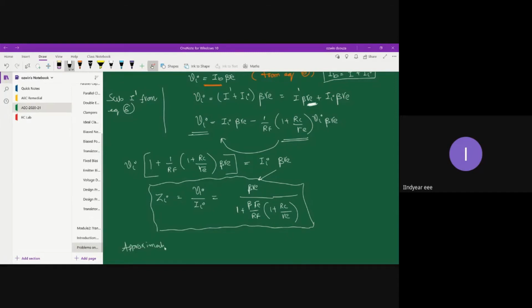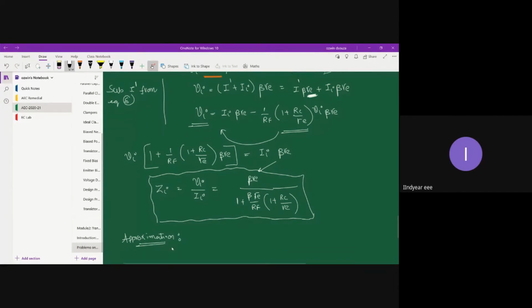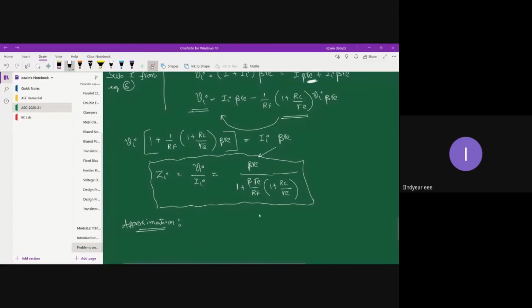There is no hard and fast rule that you have to, but I can tell you what kind of approximation I'm proposing. 1 plus Rc by Re is approximately equal to Rc by Re, simply because the ratio Rc by Re is very large compared to unity. It's something like a drop in the ocean. Hence 1 plus Rc by Re, you can simply take as Rc by Re.